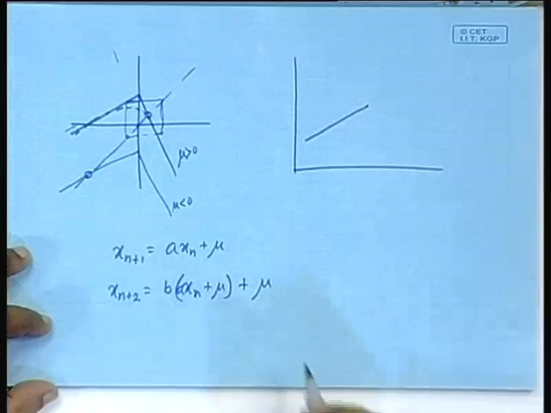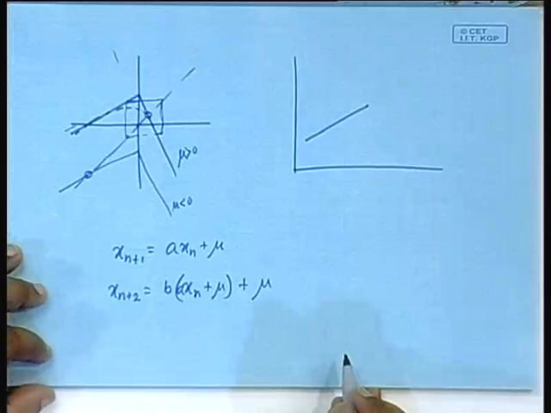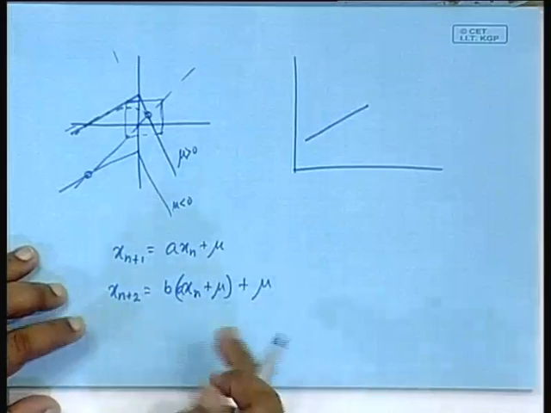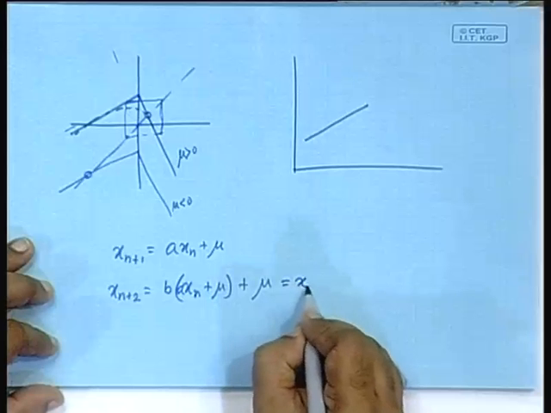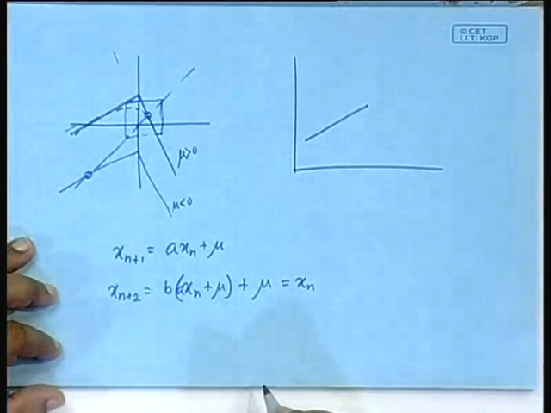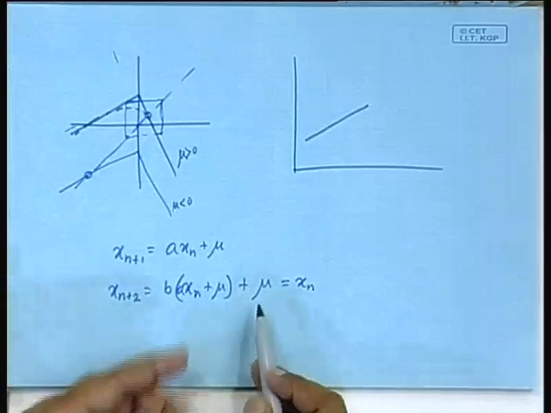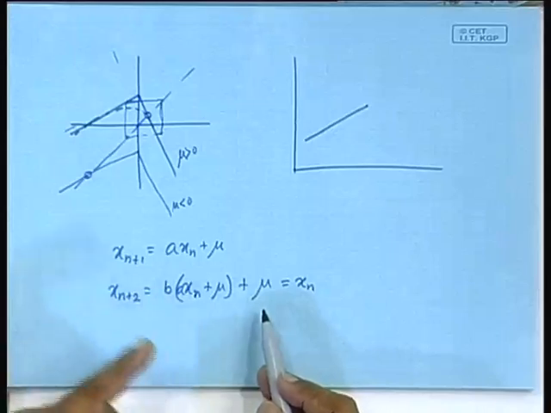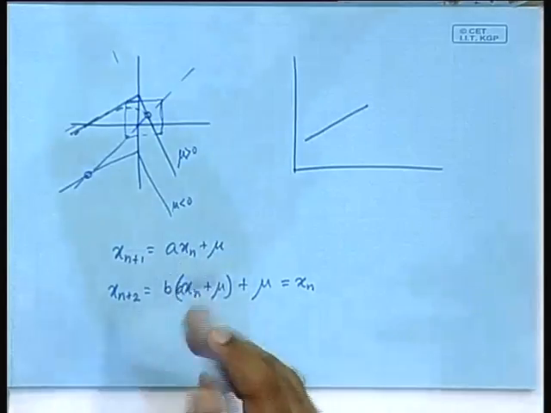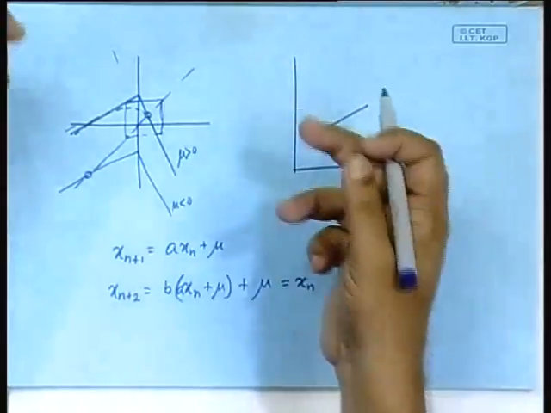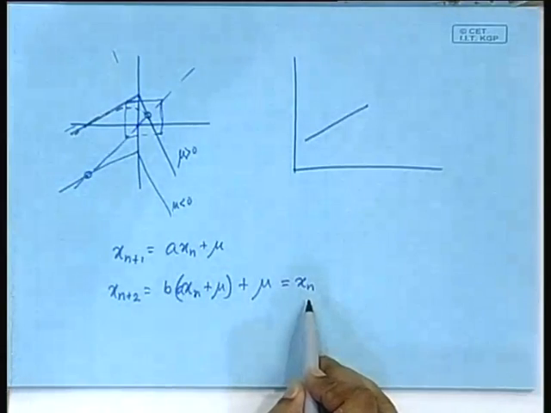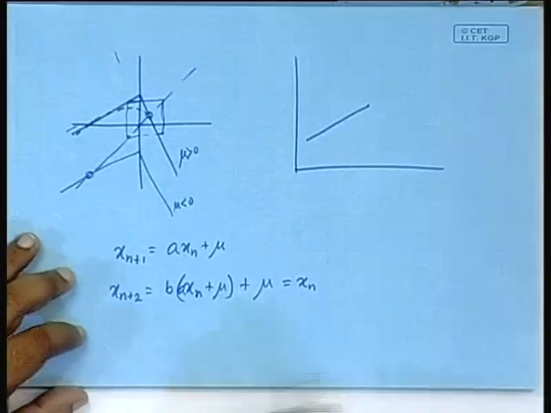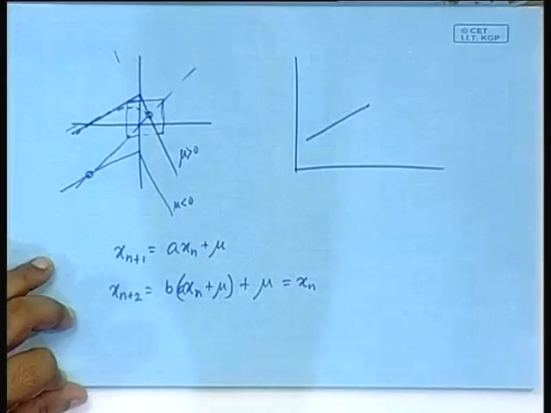Now, that is the condition for the fixed point. I started from x n, went to x n plus 1, went to x n plus 2, and if this is equal to x n, then that is the condition for the period 2 orbit. So, we have got an expression that we can solve, right.